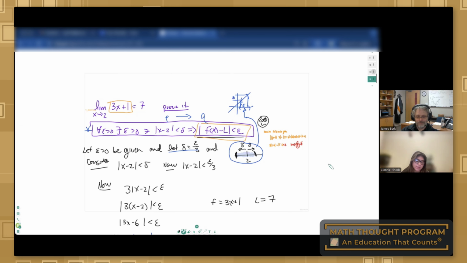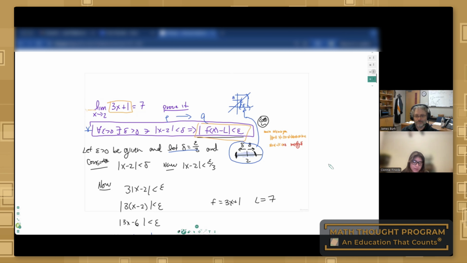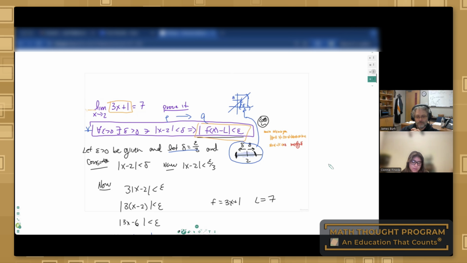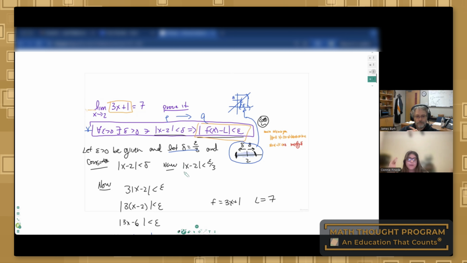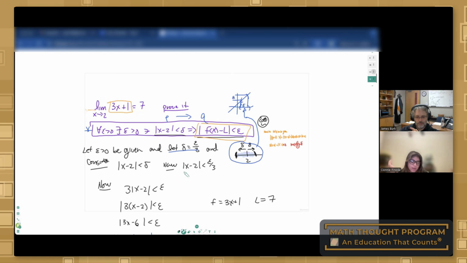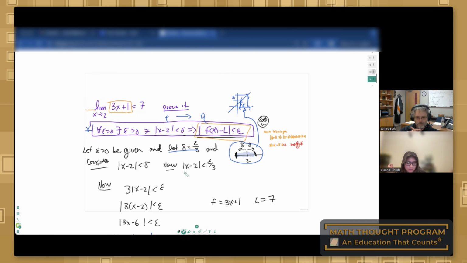And then going back to that statement, recognizing that the x minus 2 less than epsilon over 3 also corresponds to this part of the statement. So then assigning delta to epsilon over 3. And then finally getting into the proof. Again, let epsilon be greater than 0 be given.